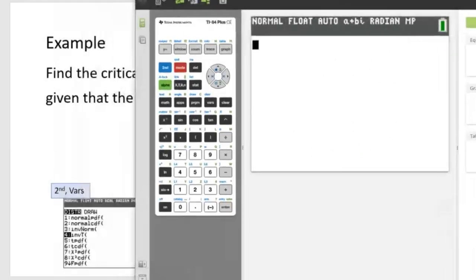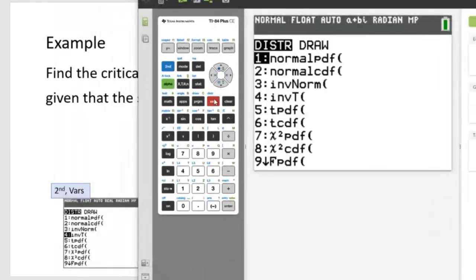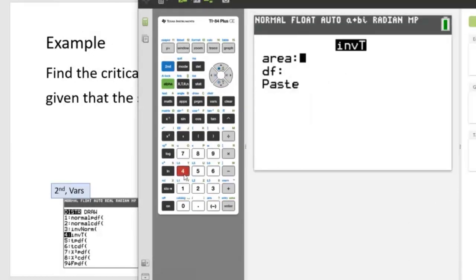So I would go to second vars, and then option 4 here is inverse t. You use inverse t when you want to get a t value. The area is your confidence interval plus half of what's left. So since this confidence interval was 95%, I'm going to take 0.95 plus half of that other 5%, and that's where I got 0.975.